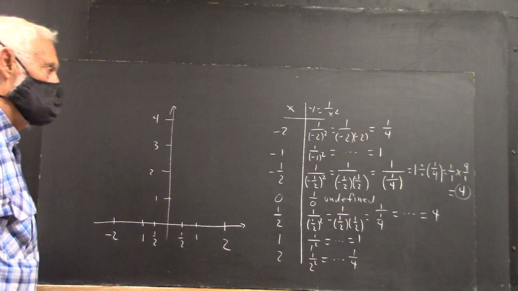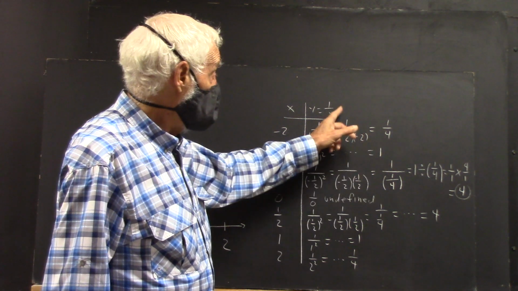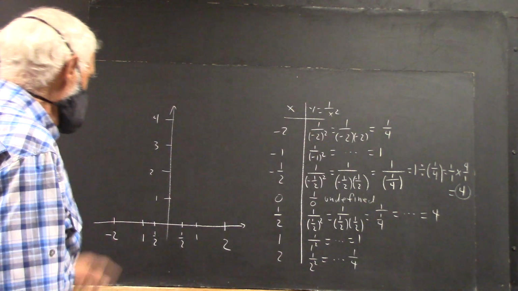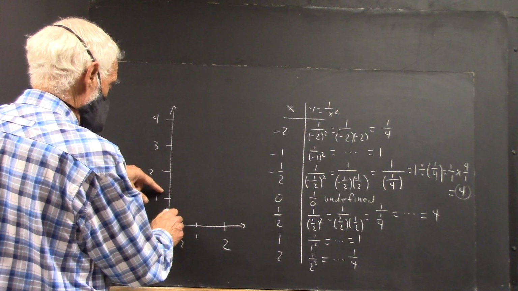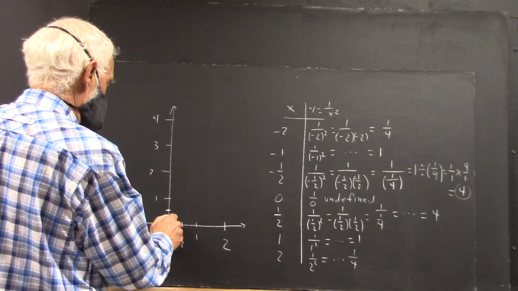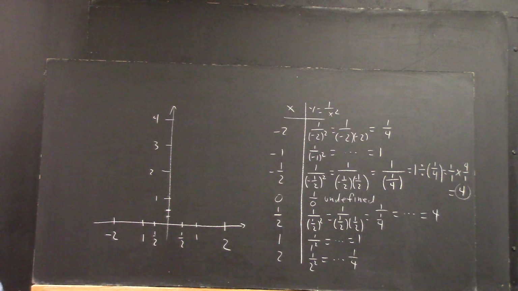Now we're going to need other numbers, because we're going to need like 1/4 for a y value. Well, here's 1. Where's 1/2? Halfway between 1 and 0. Where's 1/4? Halfway between 1/2 and 0. Now, I didn't do a great job of that.